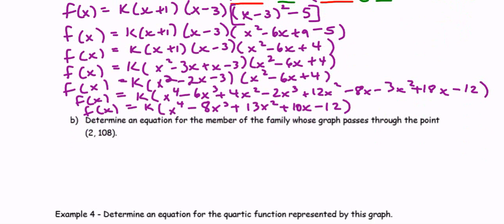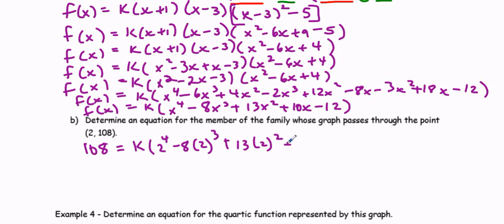Okay, so now that we have this, we can substitute in for f of x, 108, to get the actual k value. We don't know k, we know x is 2, so this would be 2 to the fourth minus 8 times 2 cubed plus 13 times 2 squared plus 10 times 2 minus 12.